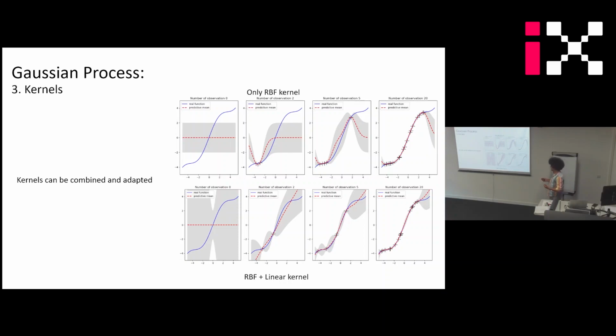But if you tell the Gaussian process from the beginning to use an RBF kernel plus a linear kernel, that tells it that if two points are different, the covariance could also change linearly, and you might be able to fit your function better. So the choice of kernel is quite important, and it's one way where you can put some expert knowledge into your algorithm.